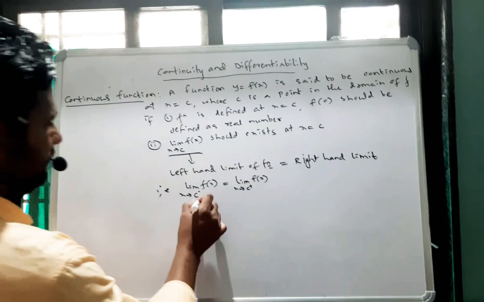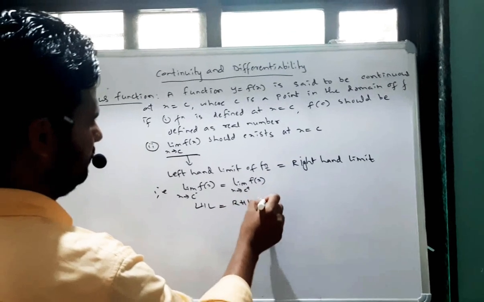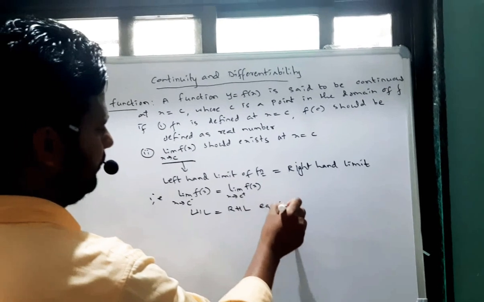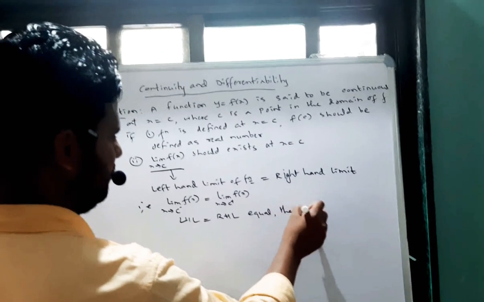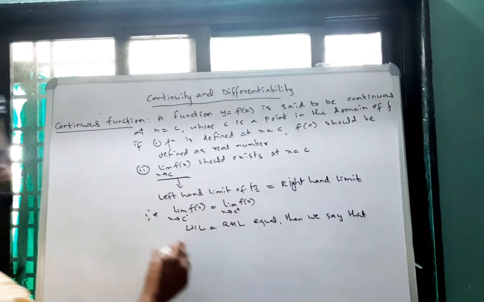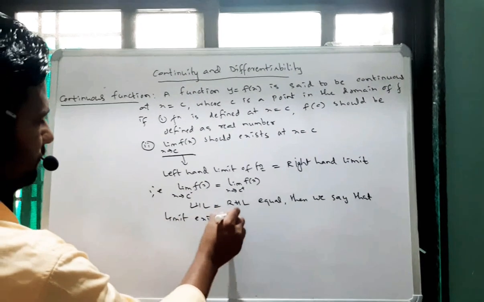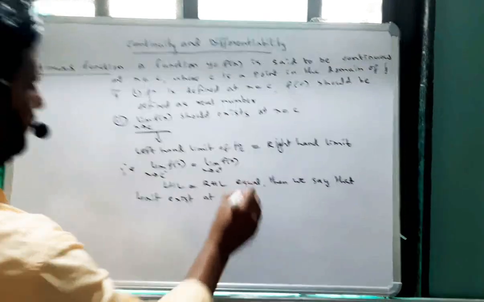So when these two, LHL and RHL, are equal, then we say that limit exists at x equal to c.